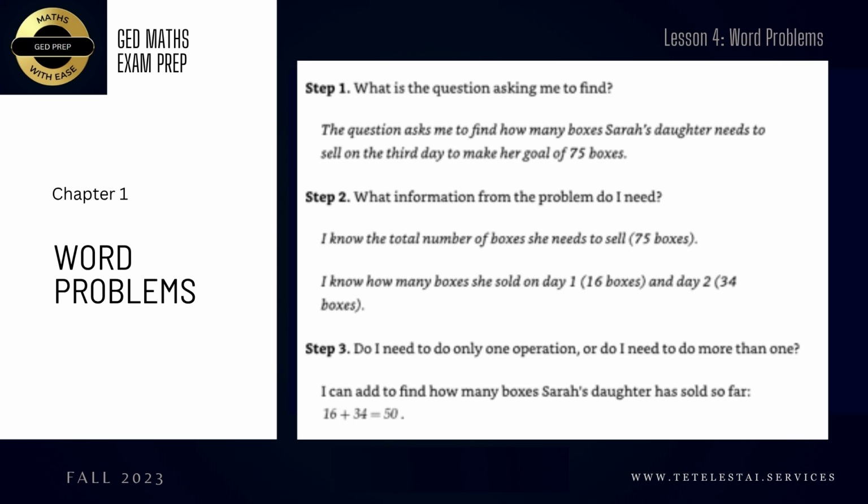Yeah, exactly. And then once you've done that, 16 plus 34 is 50. What do you think we need to do next? Find how many boxes she has left to sell. Exactly. So you would subtract 50, the ones she's already sold, from 75, because that's the goal, and we'd get 25, right?